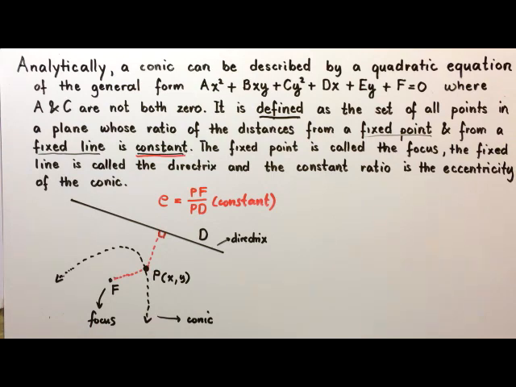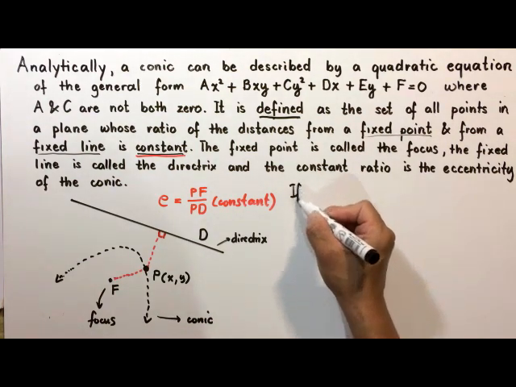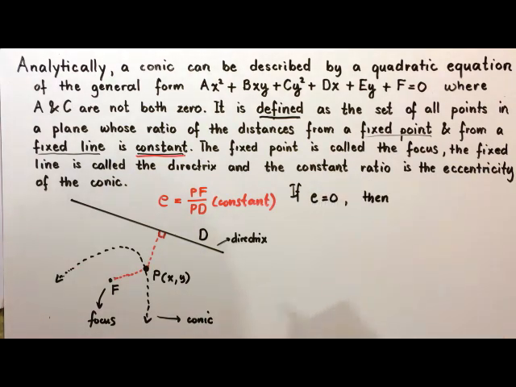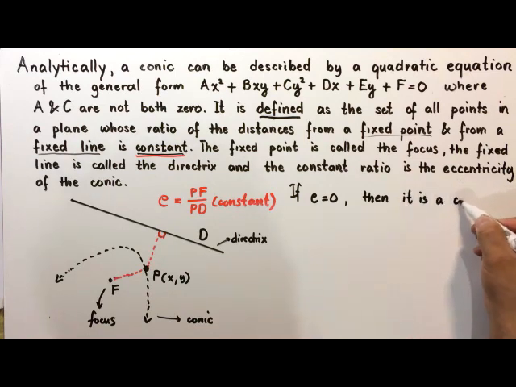And that eccentricity is constant wherever this point is along this conic, the curve there. So take note that the eccentricity of the curve dictates the kind of conic. Why? Because if the eccentricity is 0, then the conic is a circle.